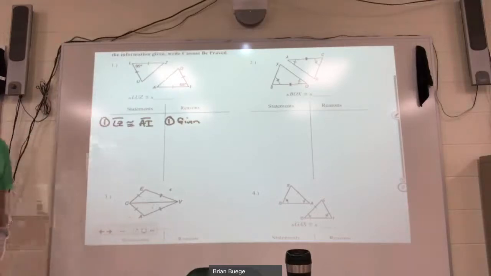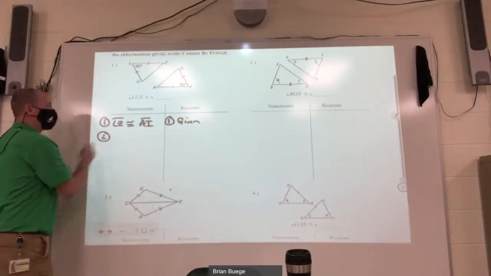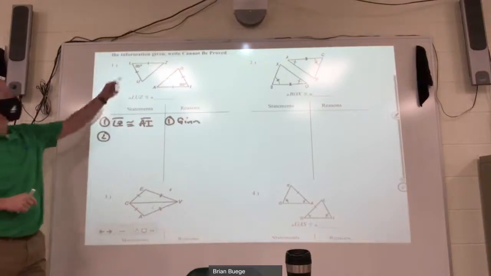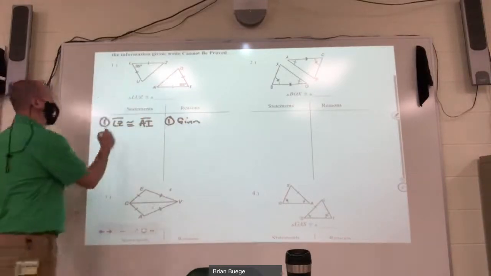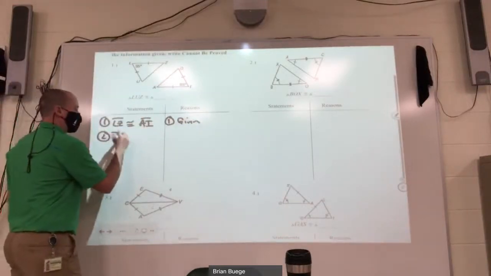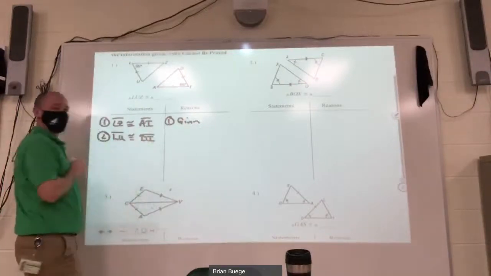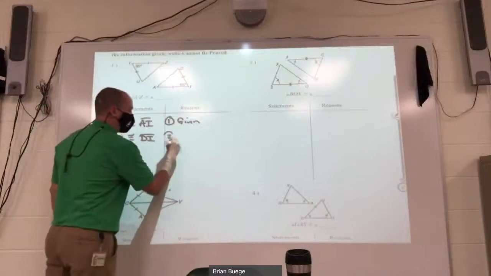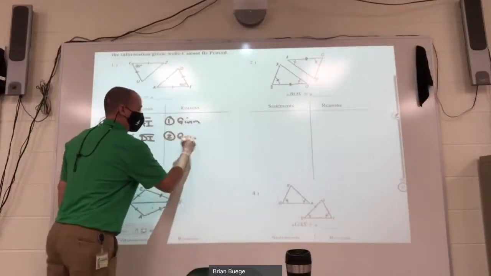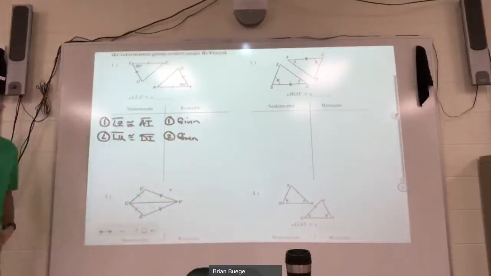Then I would go to step number two and take the second set of congruent statements. Segment LU is congruent to segment DI. How do I know those are congruent? Also given in the picture. So there's a second given in the picture.